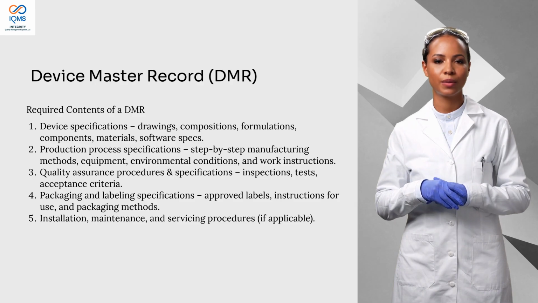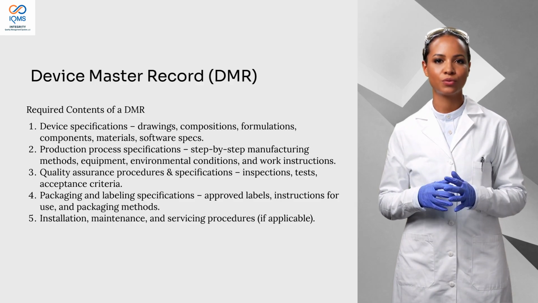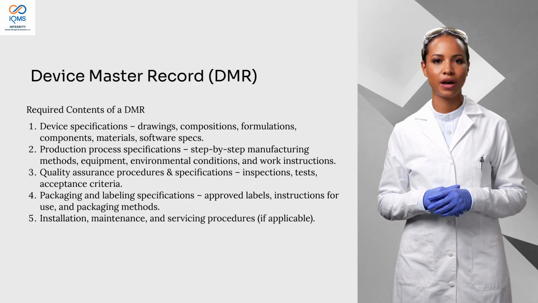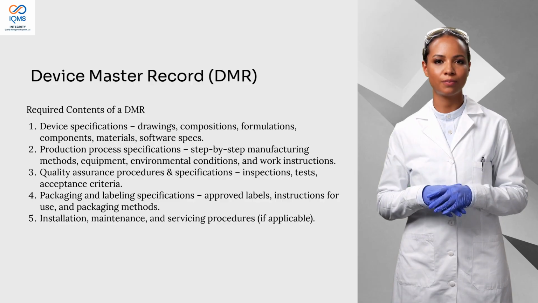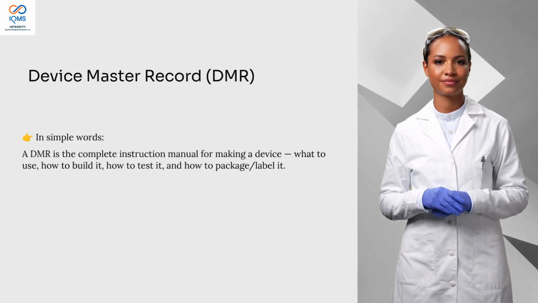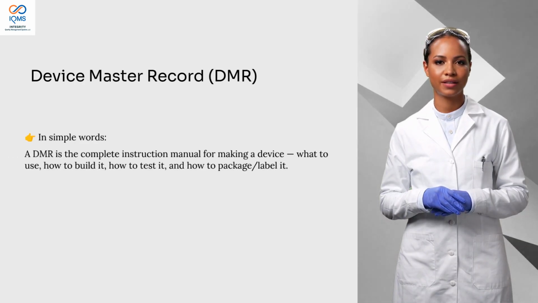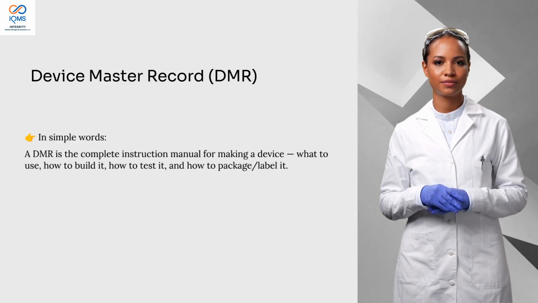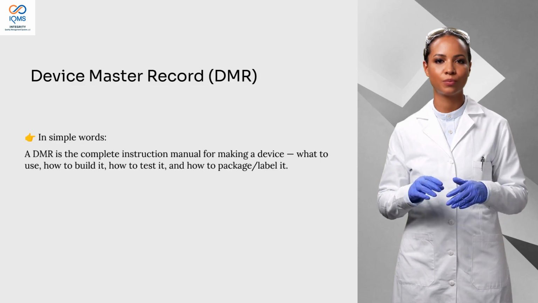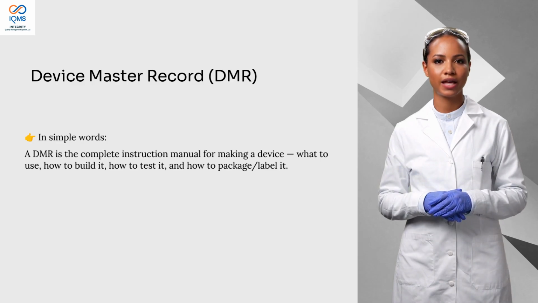Packaging and labeling specifications, approved labels, instructions for use, and packaging methods. 5. Installation, maintenance, and servicing procedures, if applicable. In simple words, a DMR is the complete instruction manual for making a device. What to use, how to build it, how to test it, and how to package and label it.